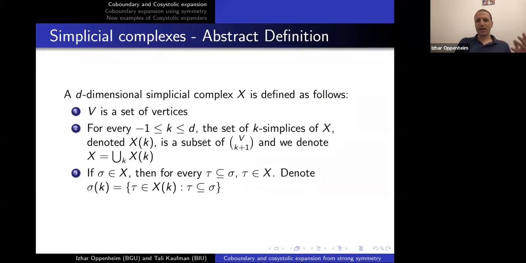So what are simplicial complexes? Let me start with the abstract definition as a set system. A d-dimensional simplicial complex X is defined as follows. It's a set system over a set of vertices S, and for each k between -1 and d, k-simplices are basically subsets of our set of vertices of size k plus 1.